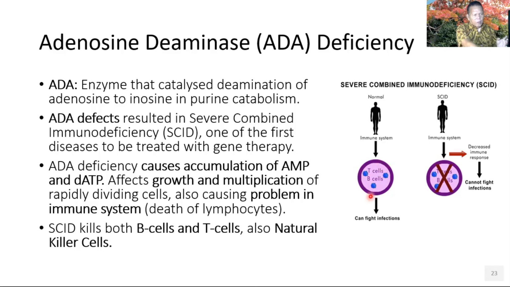This condition can fight infection, but in an abnormal person, SCID kills both B cells and T cells, and also the natural killer cells. So in this case, the body cannot fight infection. So we can see the difference between the two.